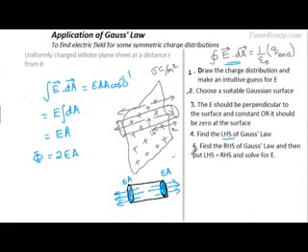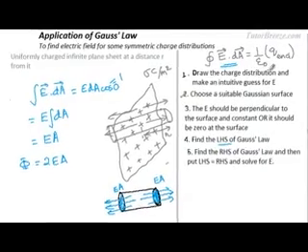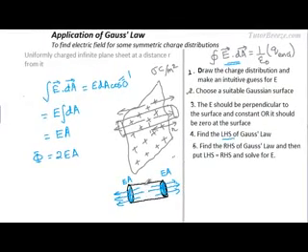So now you can see that we are at the last step, which is to find the charge enclosed and then equate the left hand side with the right hand side, which means you have to put the total flux through the closed surface equal to the charge enclosed by epsilon naught. You can see that some charge is enclosed over here in this portion of the Gaussian surface, as this surface cuts the sheet.